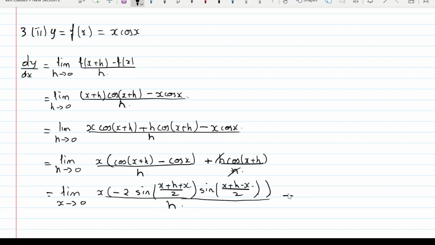And this is plus limit as h tends to 0 of cos of x plus, there's no upon, so it's done.